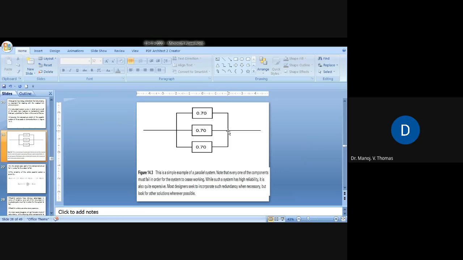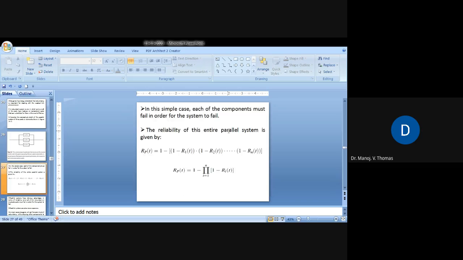So what is the chance of failure? 1 minus 0.7. What is the chance of failure of the second? 1 minus 0.7 again. And the third one? 1 minus 0.7. So (1 minus 0.7) into (1 minus 0.7) into (1 minus 0.7). That product gives the failure of the entire system. But what is the probability of reliability? Again 1 minus that. So that is this 1 minus. I think it is clear.